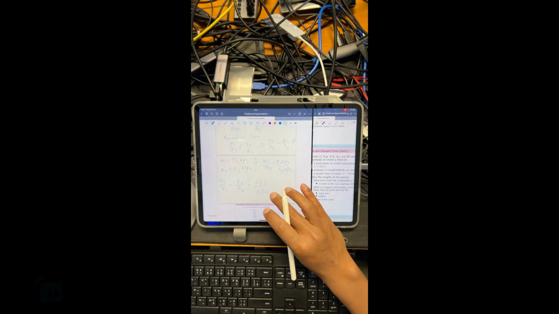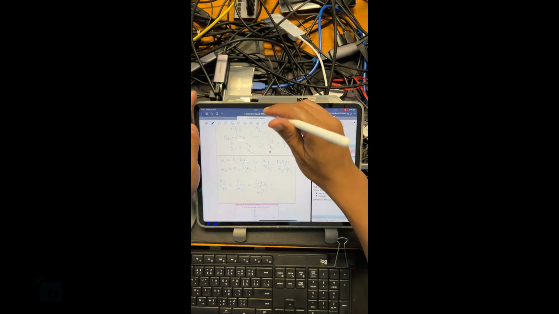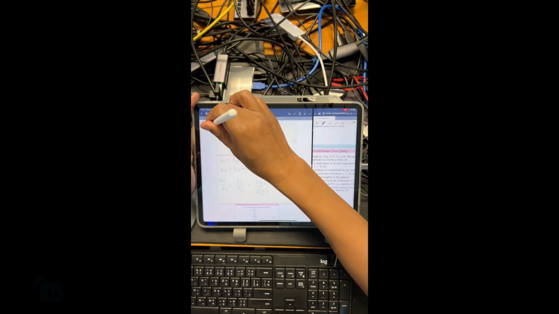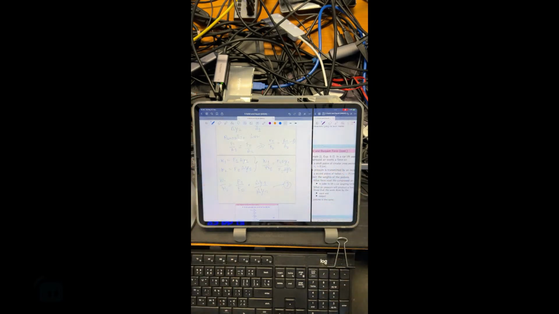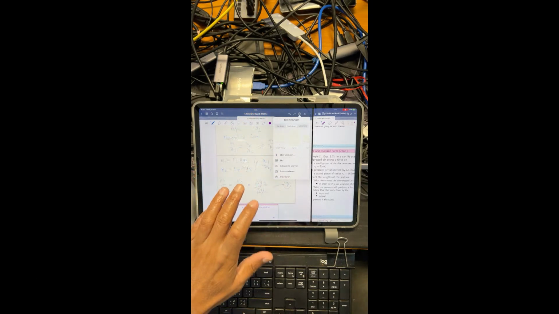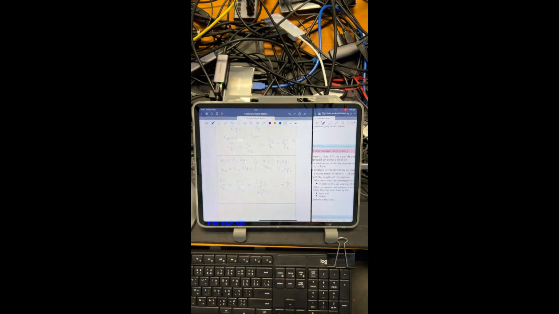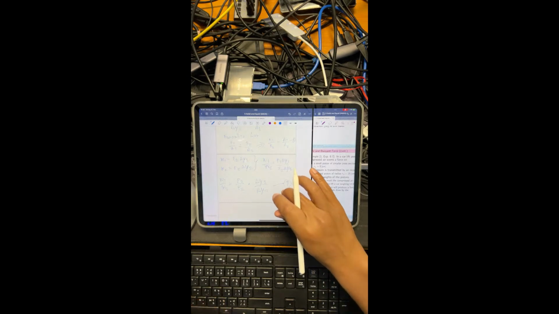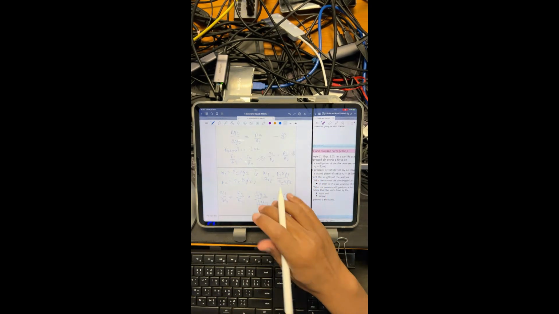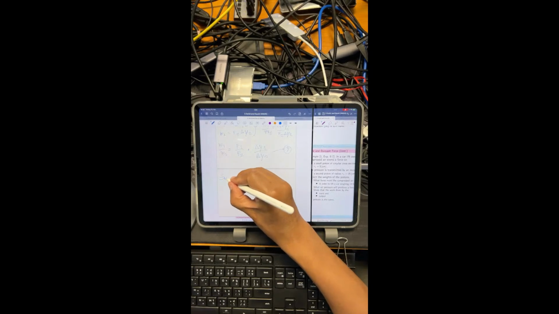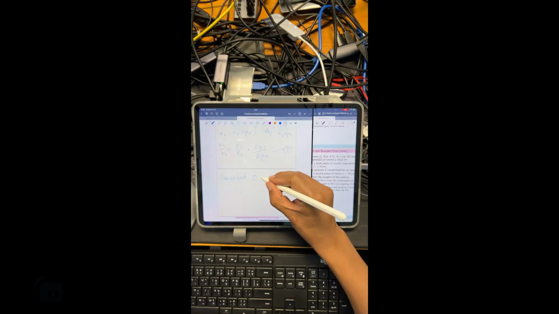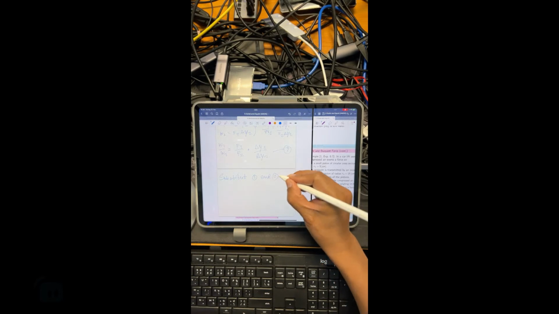Let's keep this as equation number 3, and we open another page, where we substitute equations number 1 and 2 into equation number 3.